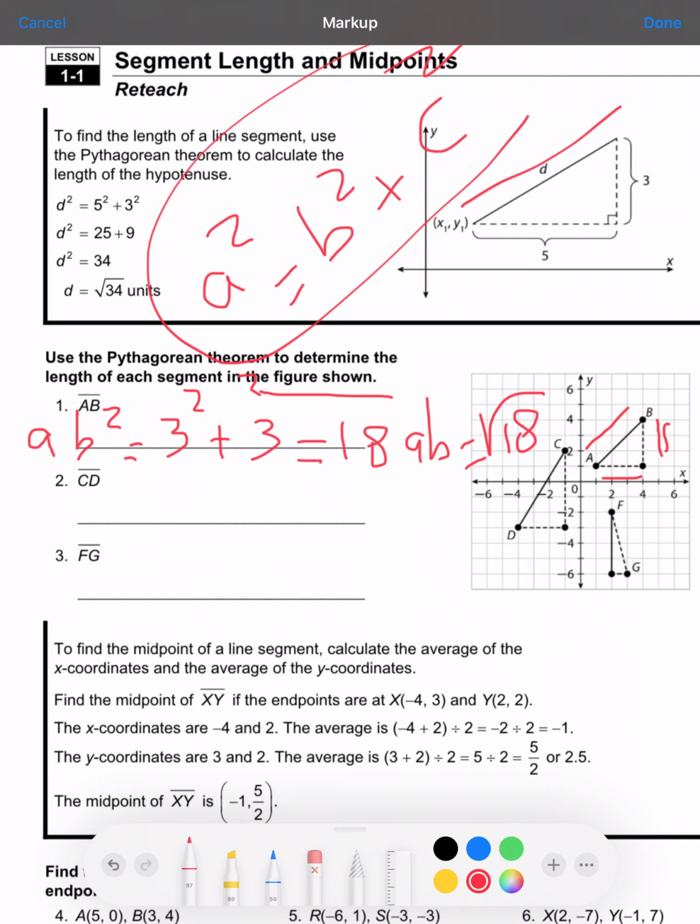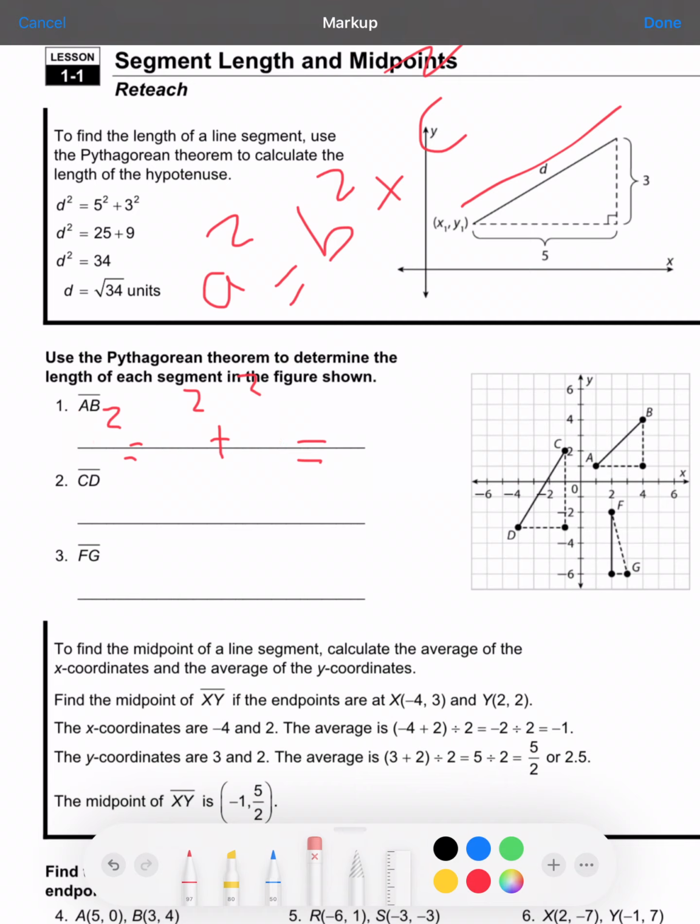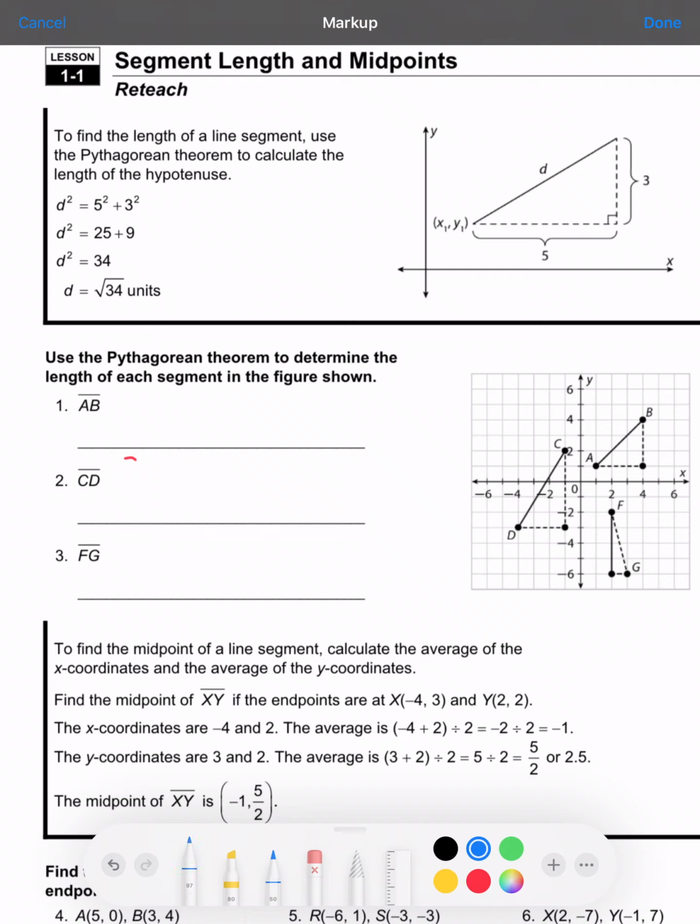Now in the second example, we want to find the length of CD. So how do I find it? CD, as you can see here, is the hypotenuse of this right triangle. So CD squared equals the sum of the squares of the other two right sides.